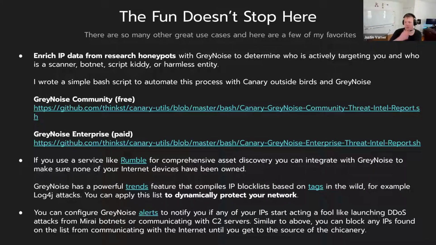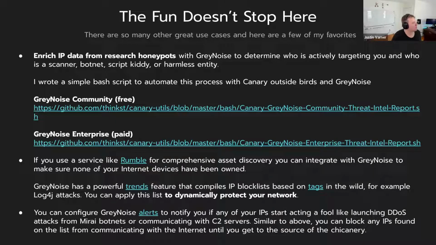It's different from the production ones that you deploy inside your network and that are very useful for your organization. These research honeypots are really useful for understanding what's going on on the internet, and that's where GreyNoise shines. It's really a tool to understand the internet in a very efficient manner.